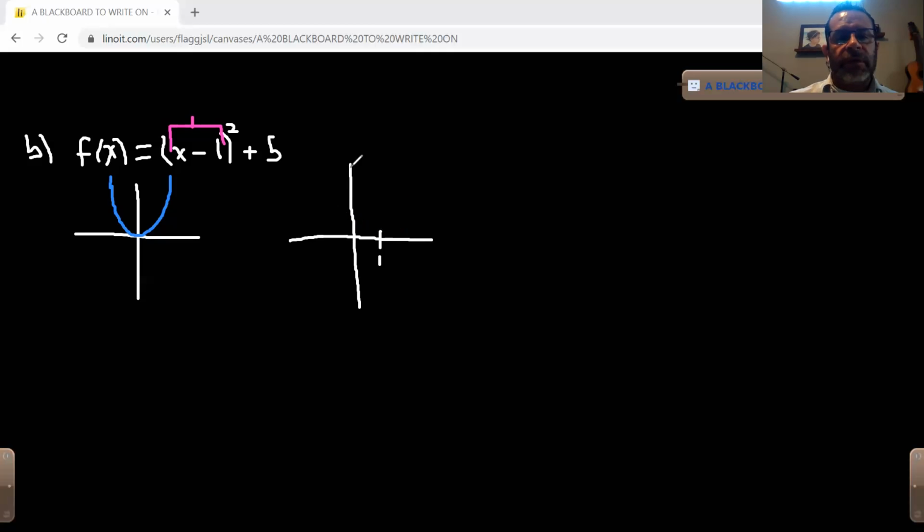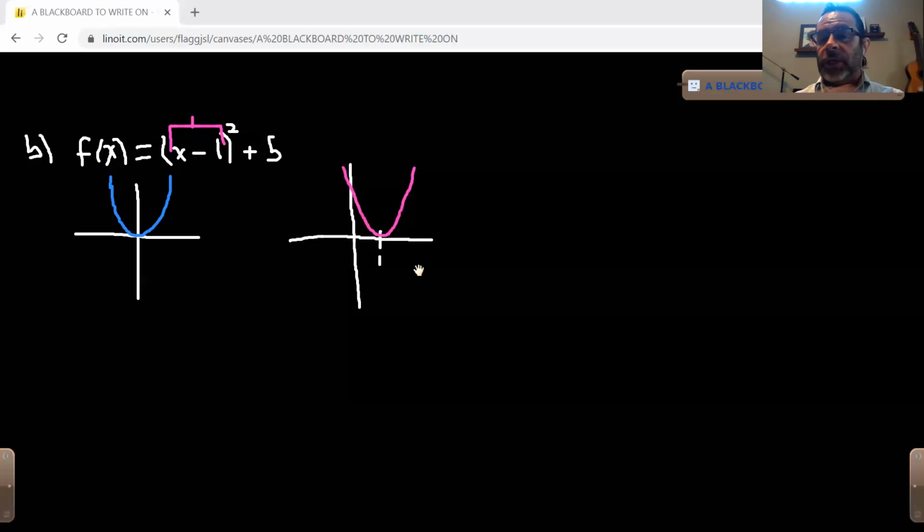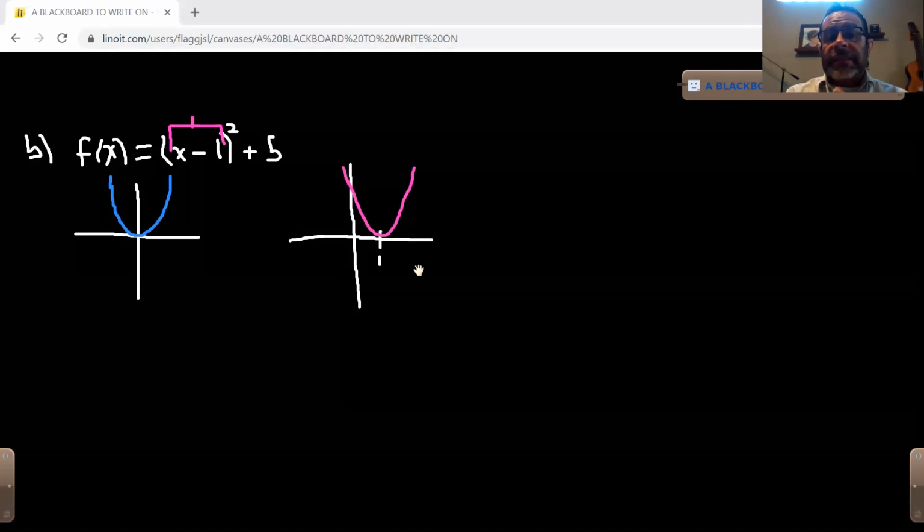I don't like the way that looked. Again, this is a sketch, so I really don't know where it crosses here. I'm going to exaggerate this a bit. We don't really know where it crosses in the y plane, but since it's a sketch and I'm not asking for it, it's fine.